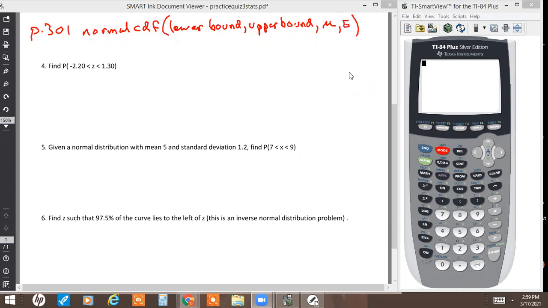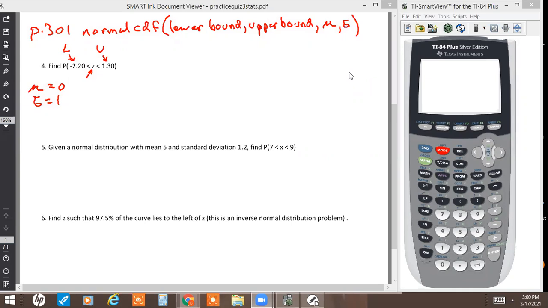Now, notice that for problem number 4, it's a Z value, not a raw X score. So you need to remember that when you're looking at a Z value, the mean is 0, and the standard deviation sigma is 1, okay? Negative 2.20 is our lower bound. 1.30 is our upper bound, okay?